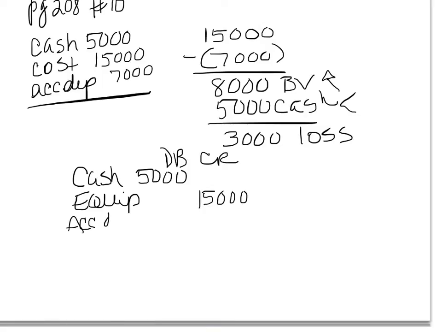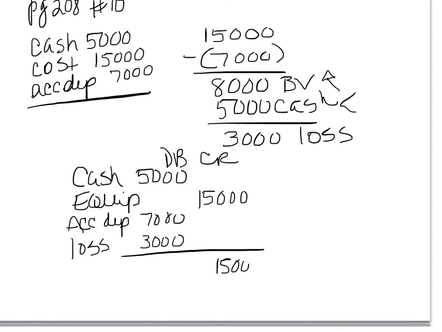We also need to get rid of the accumulated depreciation that's associated with that asset. That would be a debit of $7,000, because accumulated depreciation is a credit balance account. And then we would need to record the loss on the sale, which in this case would be a $3,000 debit, making our debits and credits equal on each side at $15,000.